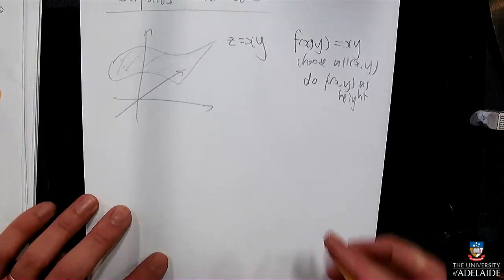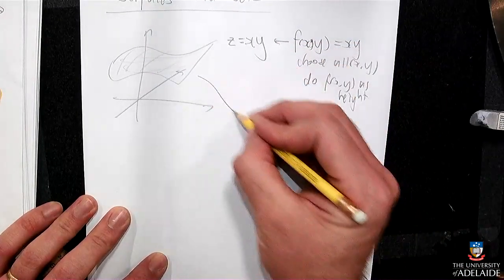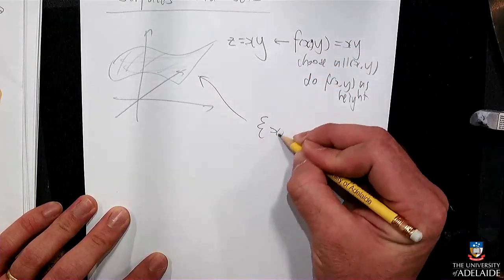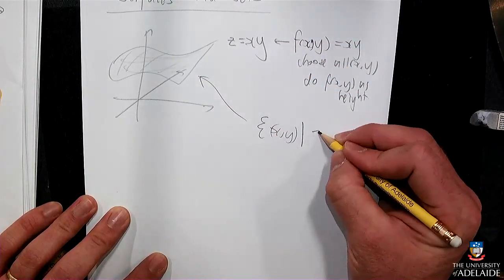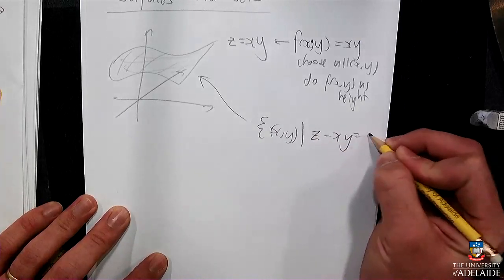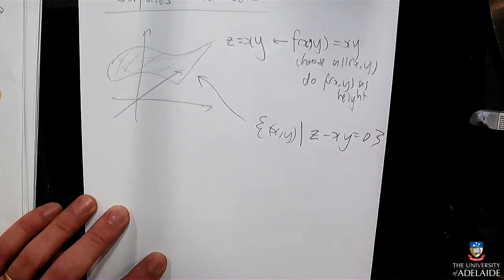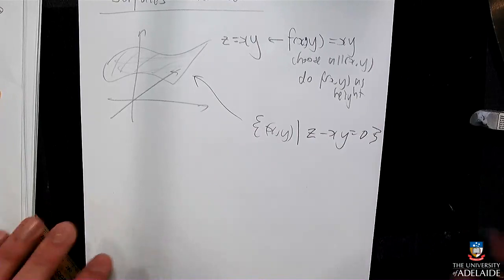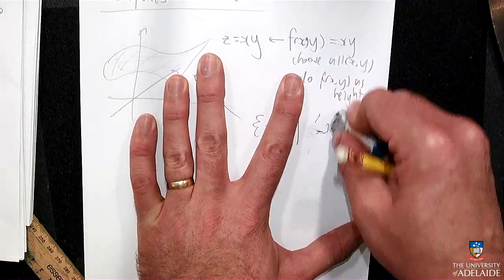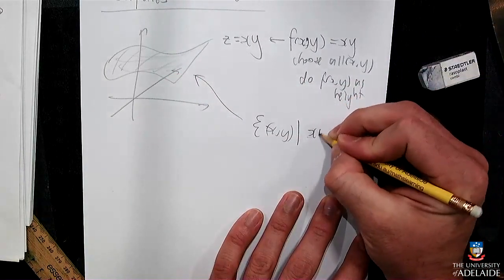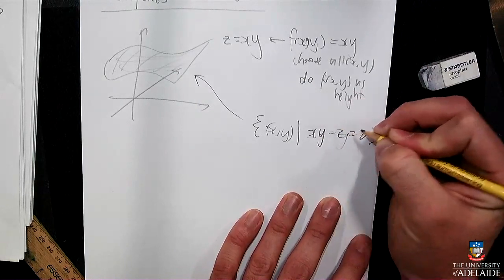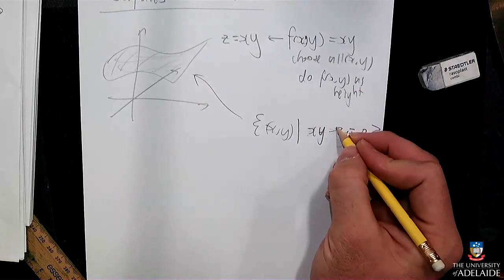The other way of making this surface is to say, well, it's the set of all x, y, z such that z minus xy is 0. Or xy minus z is 0. Or 2xy minus 2z is 0.